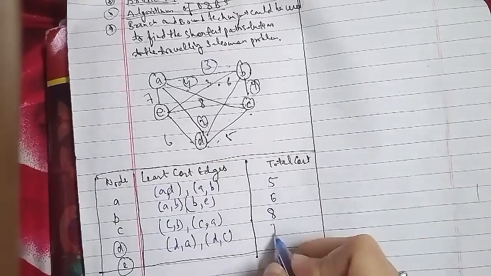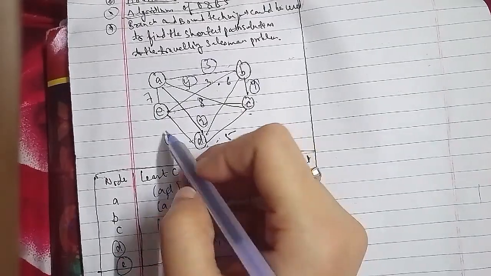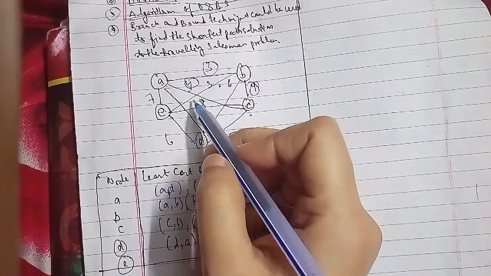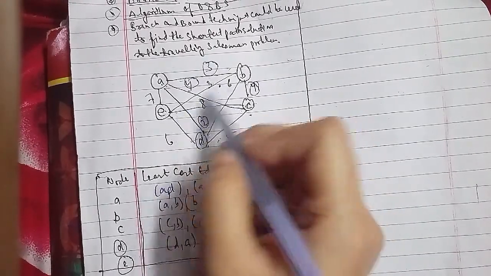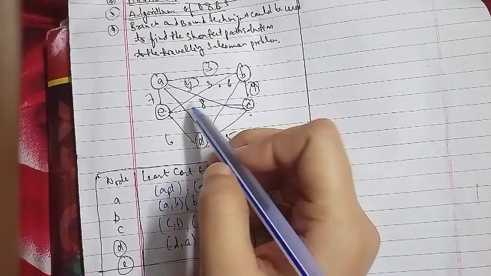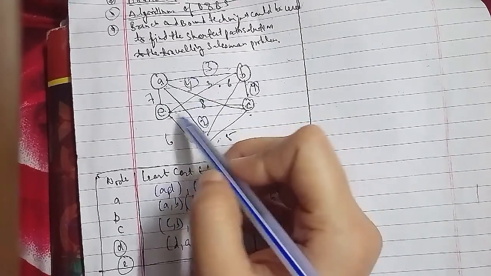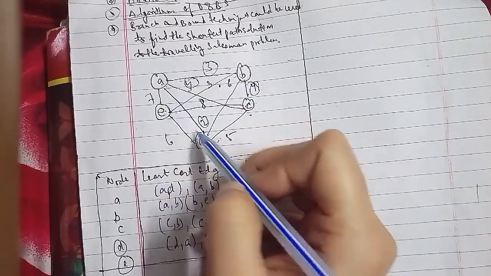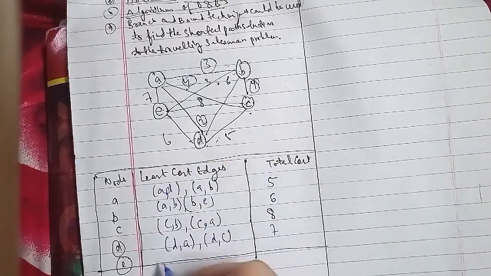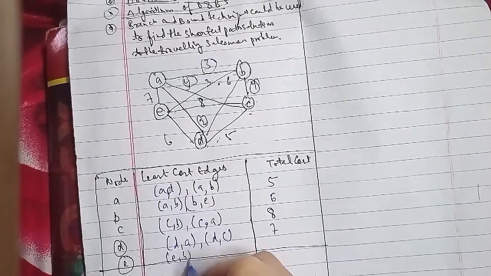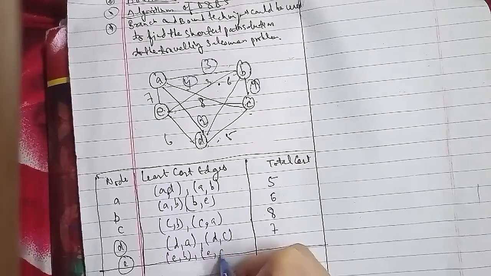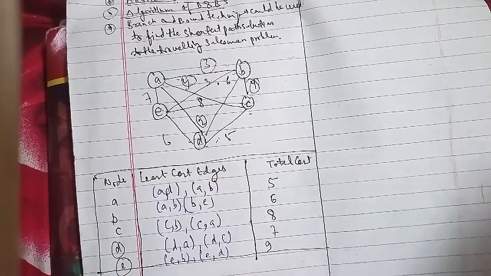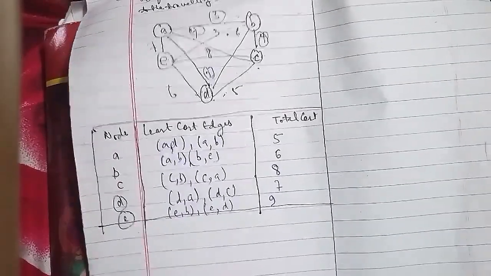So a lower bound on the cost of any tour is what we have to find. Thus, a lower bound on the cost of any tour equals 1/2 of (5 plus 6 plus 8 plus 7 plus 9), which we have to add, and that equals 17.5 after solving.